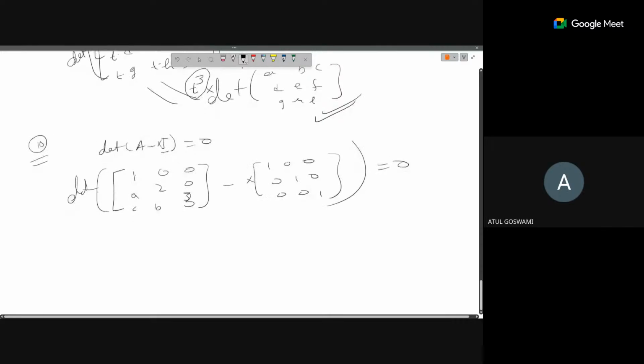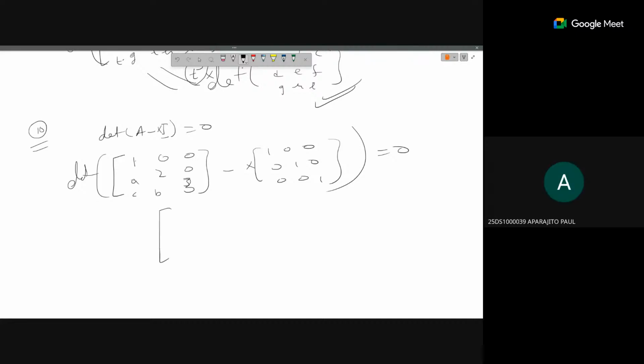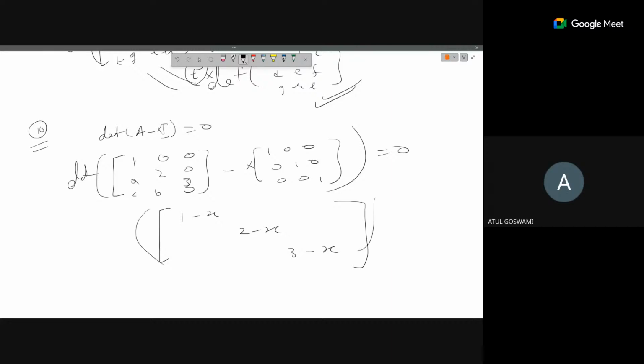So what is this? You can subtract and multiply the diagonals, and these entries stay as they are, A, B, C, whatever, the same. Then the determinant of this equals 0.